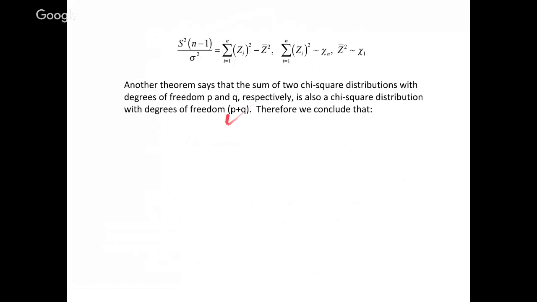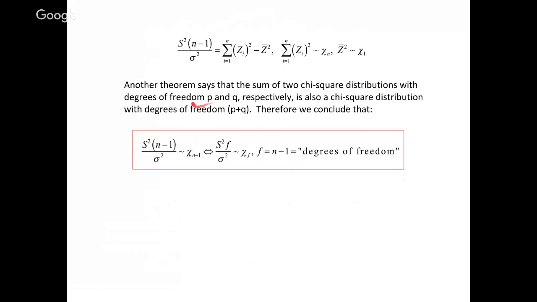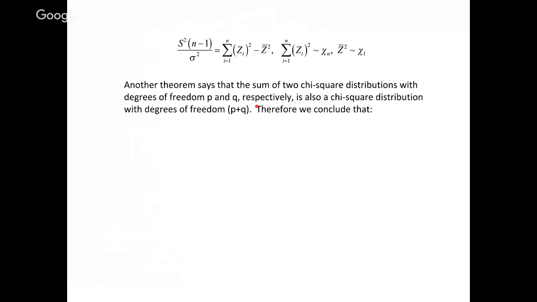And so we need one more theorem, and that states that if you have the sum of two chi-square distributed variables with degrees of freedom p and q respectively, the sum of those two is also a chi-square distribution with degrees of freedom p plus q. In this case, p is going to be n because we're summing over n of these standard normal variates squared. And then q is going to be equal to 1 because there's only one of these standard normal variates in this term.